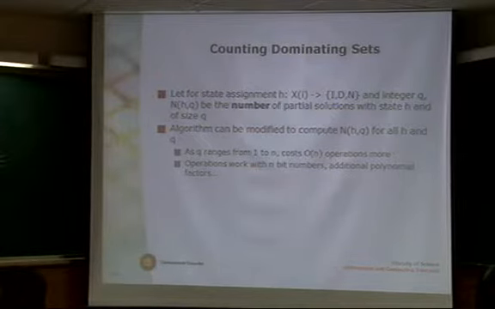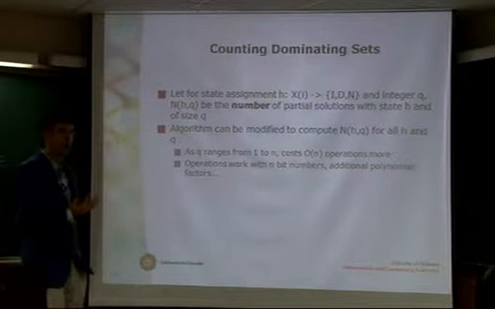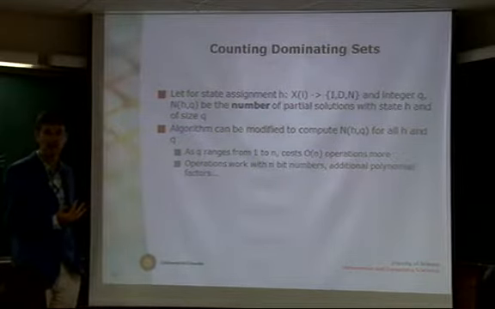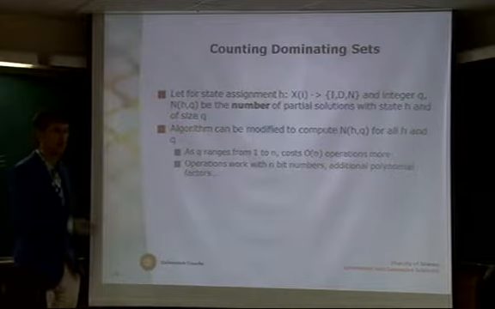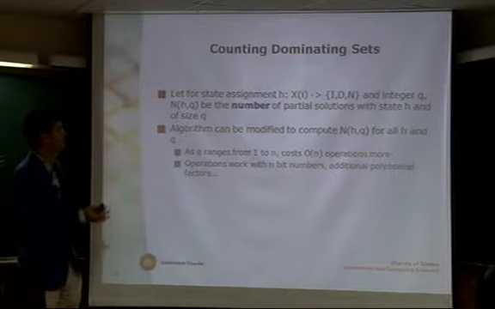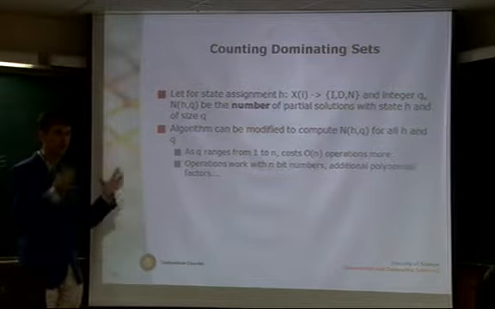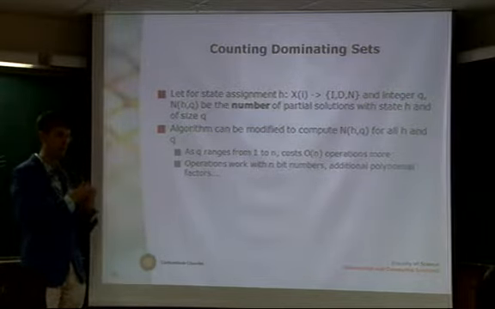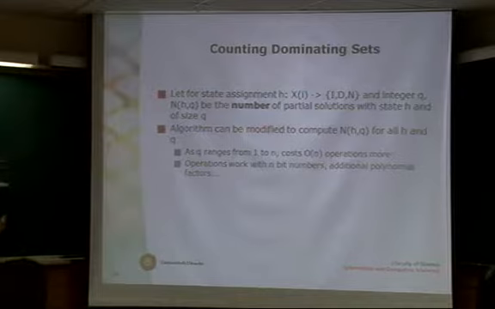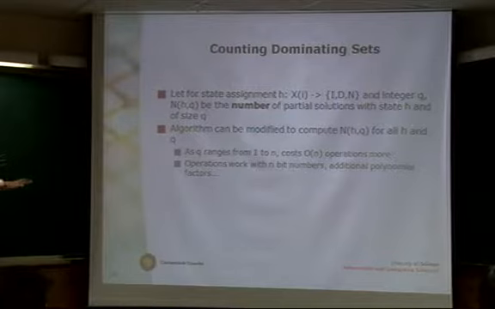Now, first of all, instead of computing the minimum dominating set, I can also count the number of dominating sets of a certain type and of a certain size. If you don't just want to know the minimum one, for each size of a partial solution with a certain state, you count the number of partial solutions with that state.